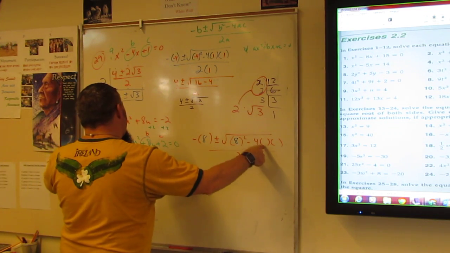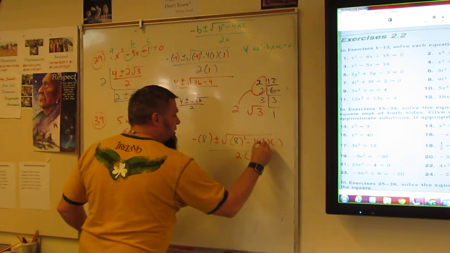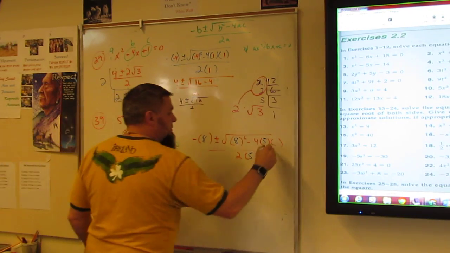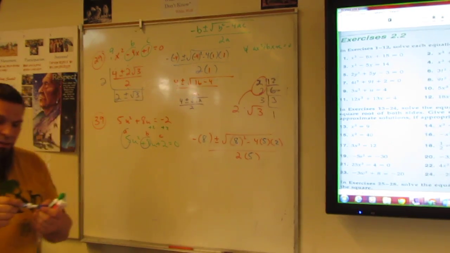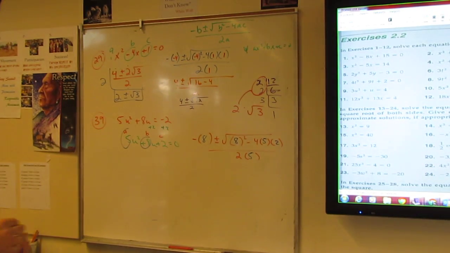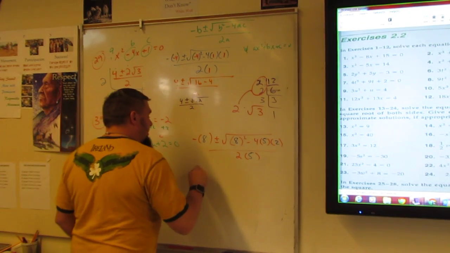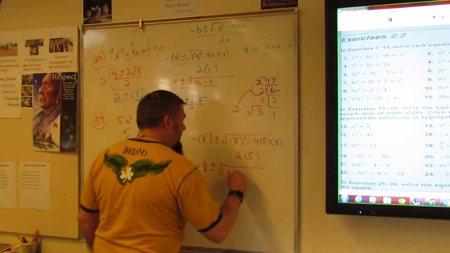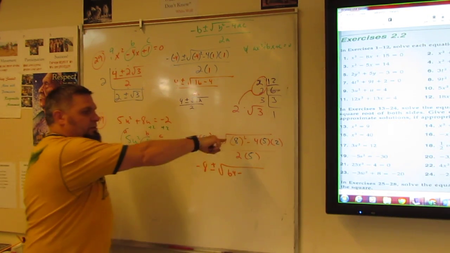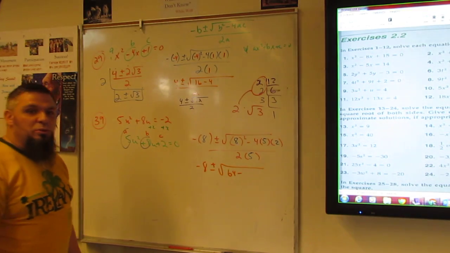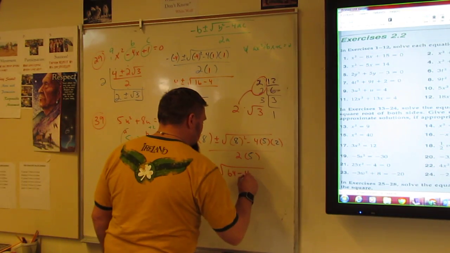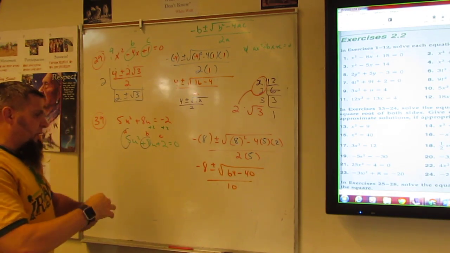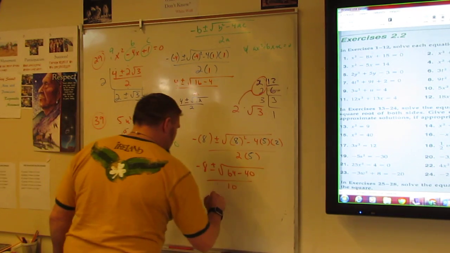Negative 4a, a is 5, and c, 2. Okay? And so, when I do the math, negative 8 plus or minus the square root of 64 minus, what's 20 times 2? 40. Over 10. Well, what is 64 minus 40? 24.